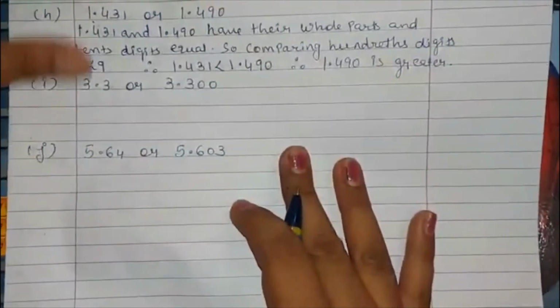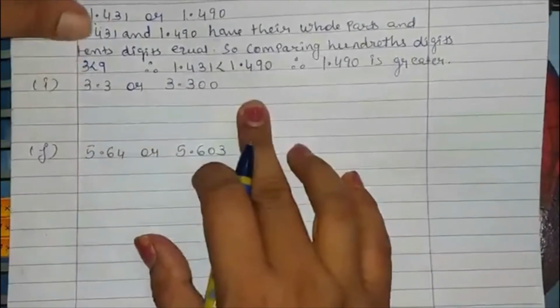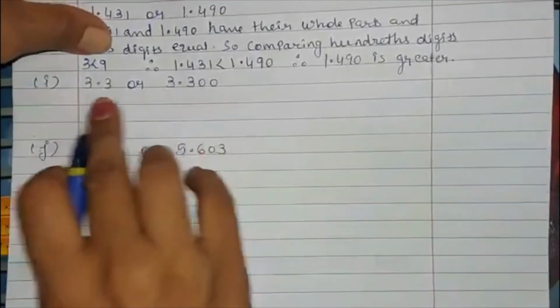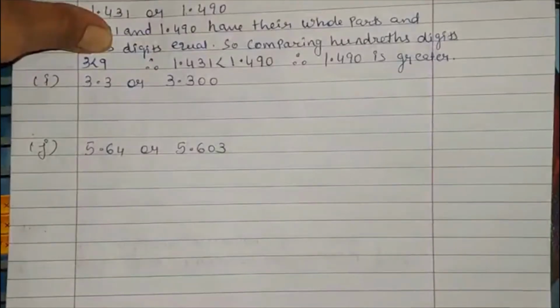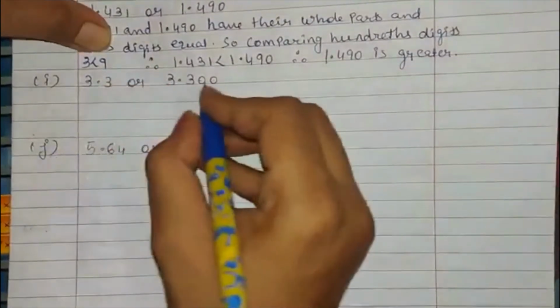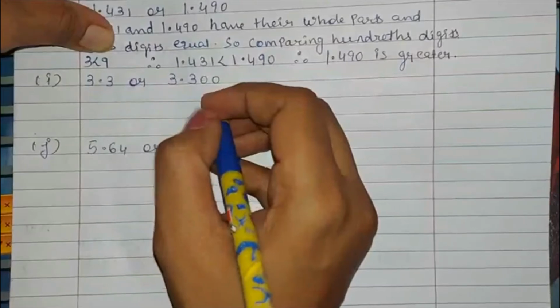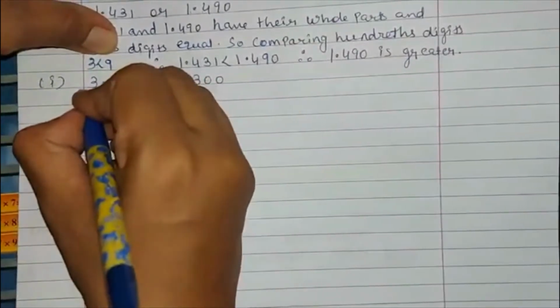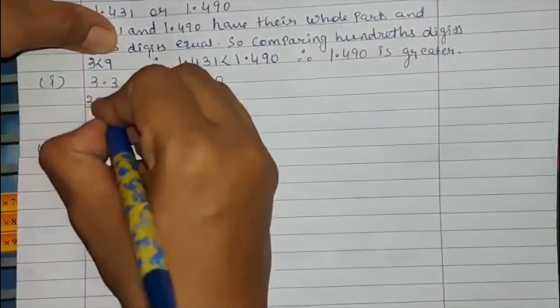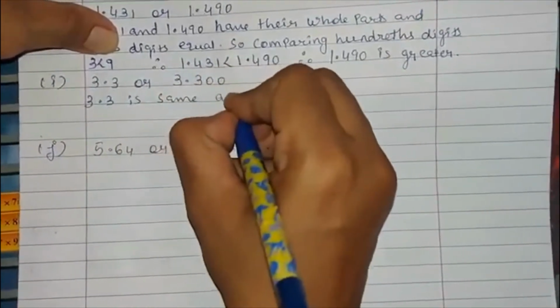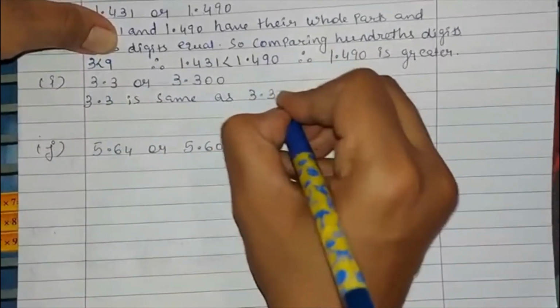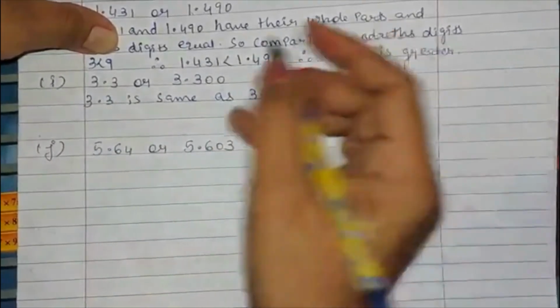Next number is 3.3 or 3.30. First of all, whole parts are same and tens digits are same. Both the decimals, 3.3 is equal to 3.300. So here also, like the above example, 3.3 is same as 3.300.